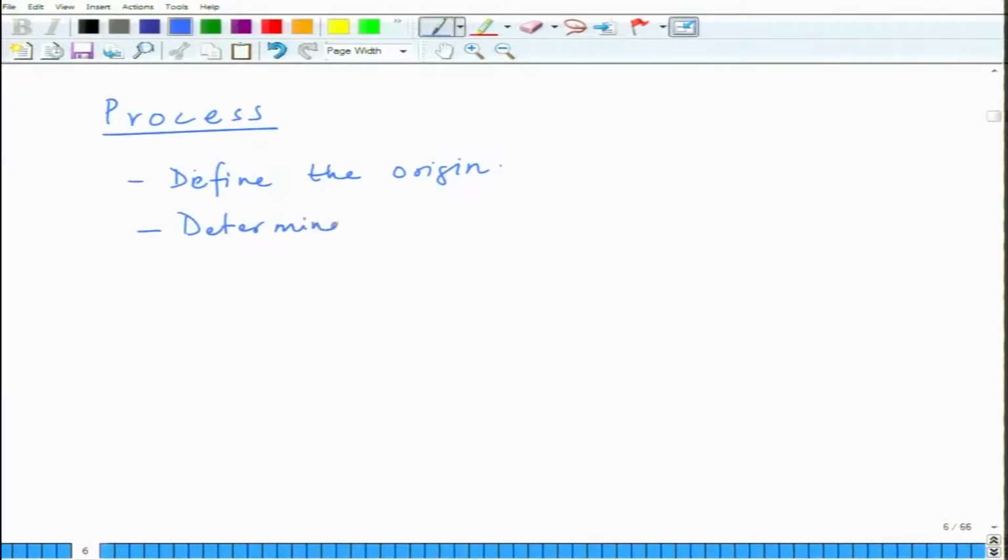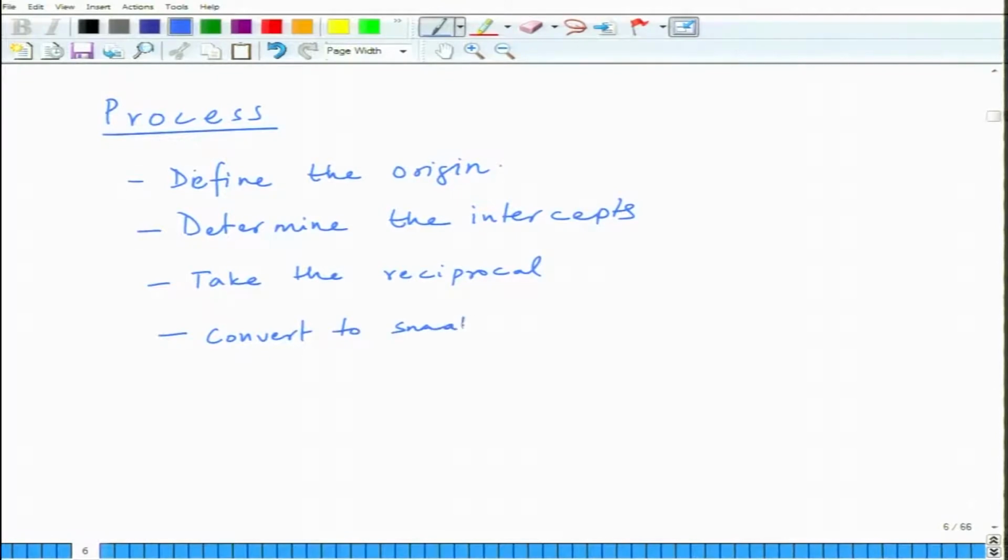Determine the intercepts, take the reciprocal, and then convert to the smallest set of integers. Okay. Why the smallest set of integers?